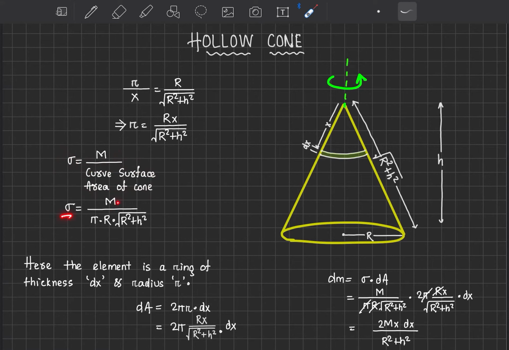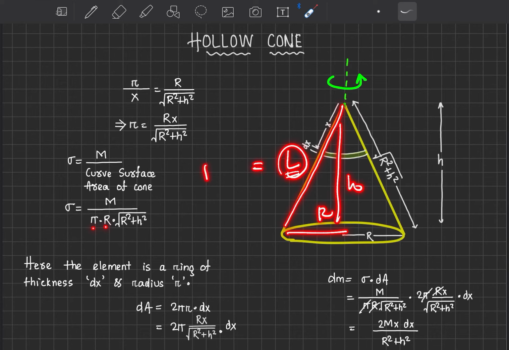So our sigma value is M by the total curved surface area, which is M by pi R L, where L is the slant height. Let's say this is R and this value is h, then L will be the square root of R square plus h square. So that's what we have put here, pi R L. Now from this, again we need to find the radius r.